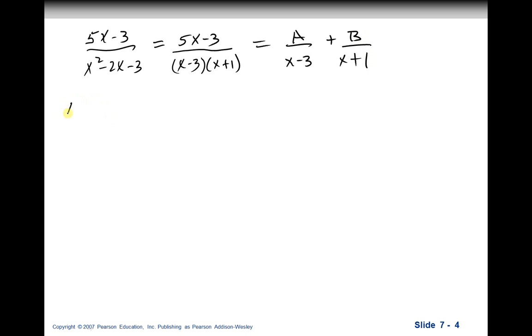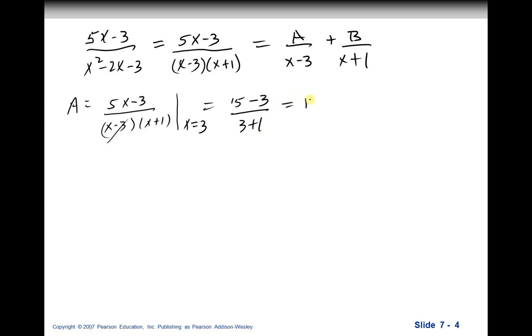And a can be figured out by evaluating 5x minus 3 over x minus 3, cover it up, and evaluate the remainder of this with the x minus 3 covered up at x equal 3, and that equals 15 minus 3 divided by 3 plus 1 equals 12 over 4 equals 3.